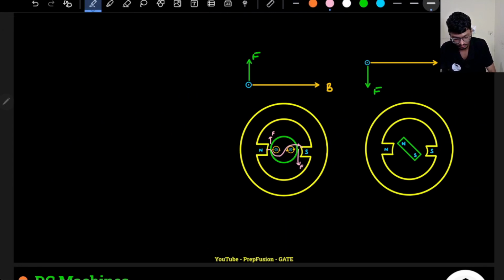Torque, when does a torque get generated?